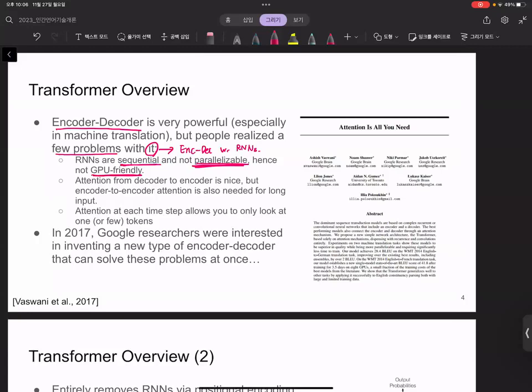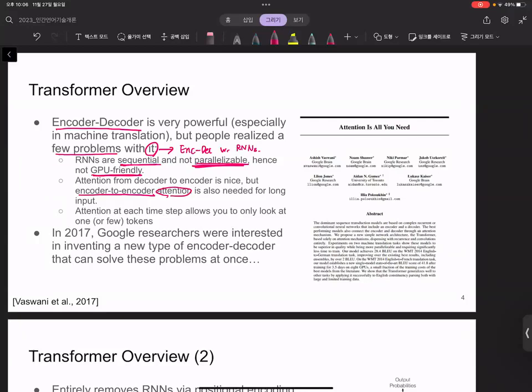And attention from decoder to encoder is very good, but encoder-to-encoder attention is also needed for long input.